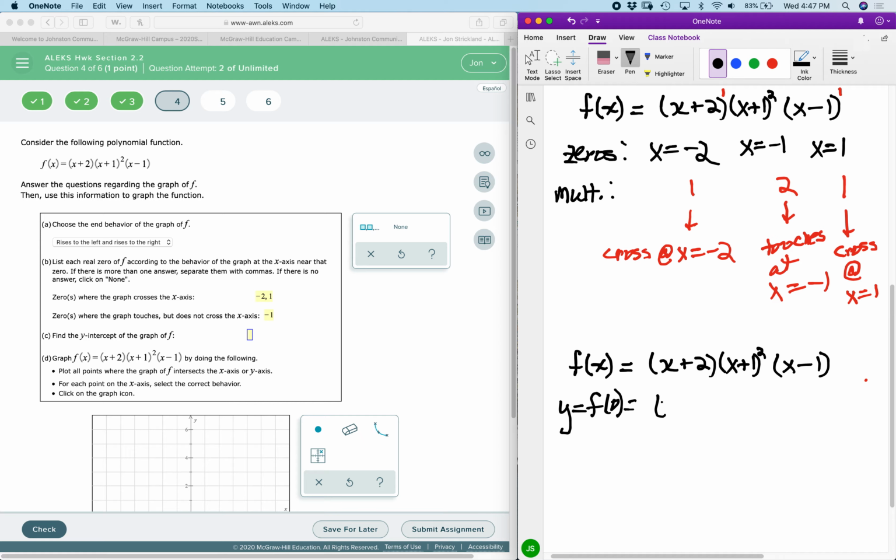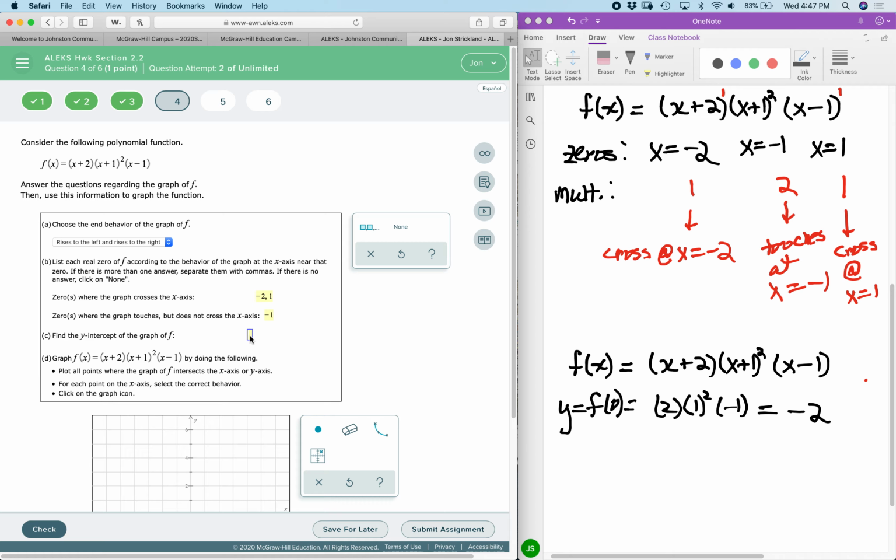So you have 2 times the square of 1 times -1, 2 times 1, then times -1, so that is going to be -2. So the y-intercept of the graph, where x is set to 0, is at -2.